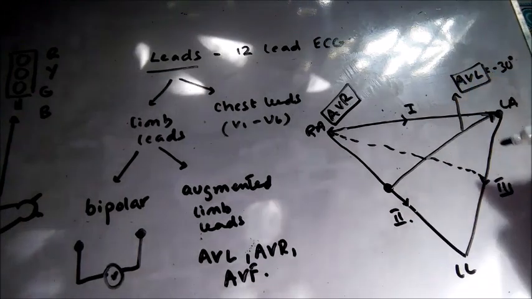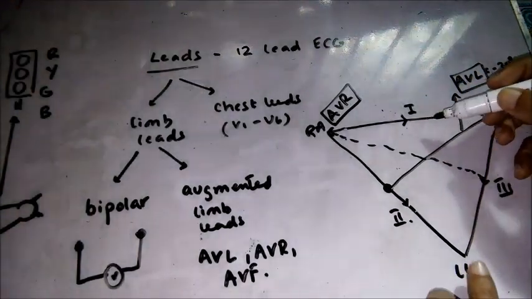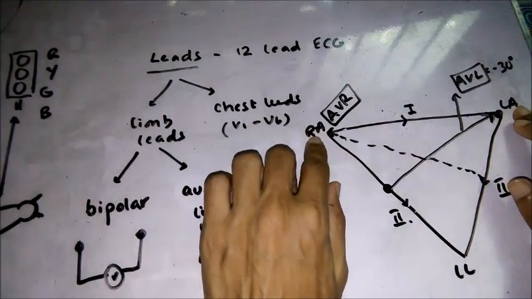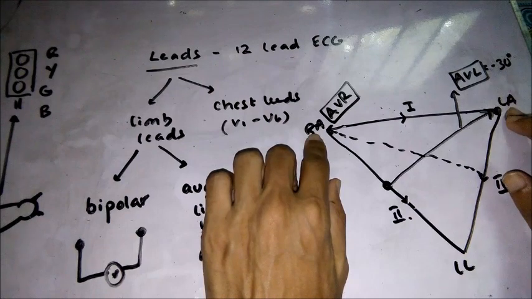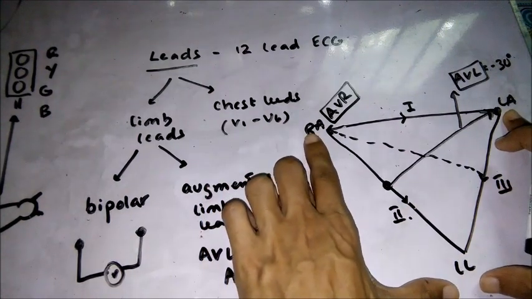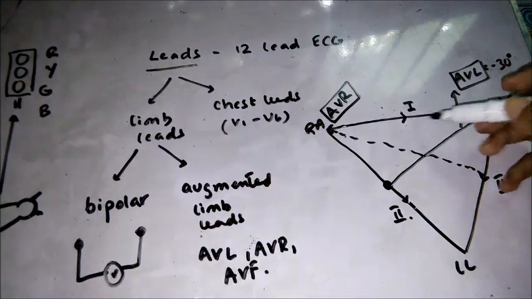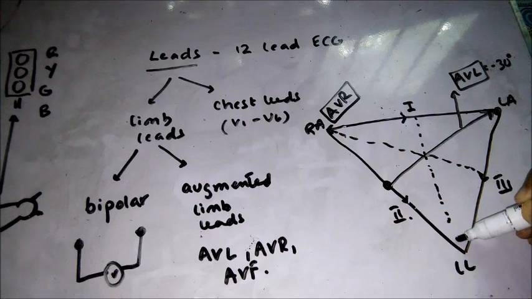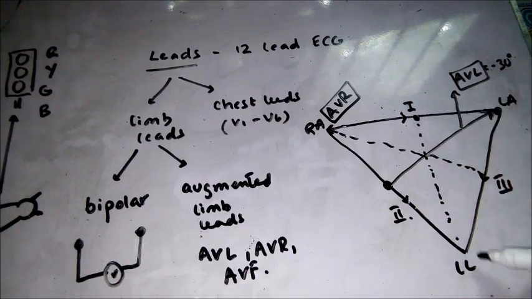And then you have another limb lead that we can get by taking the sum of the right arm and the left arm, and comparing it with the left leg, sorry, right? And so we get another lead, and this lead is known as AVF.